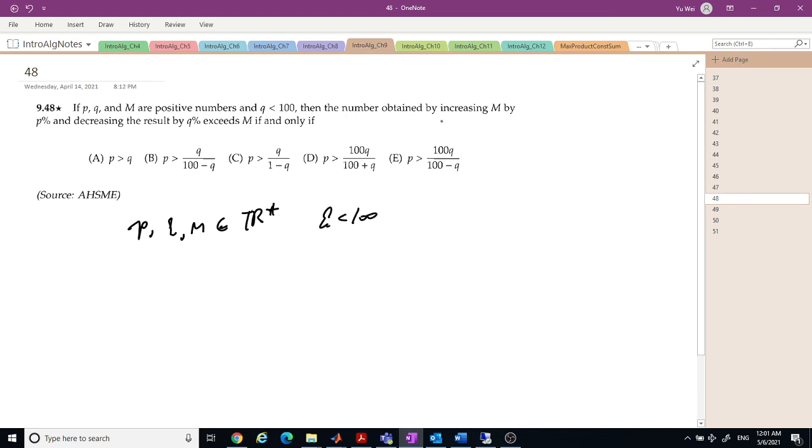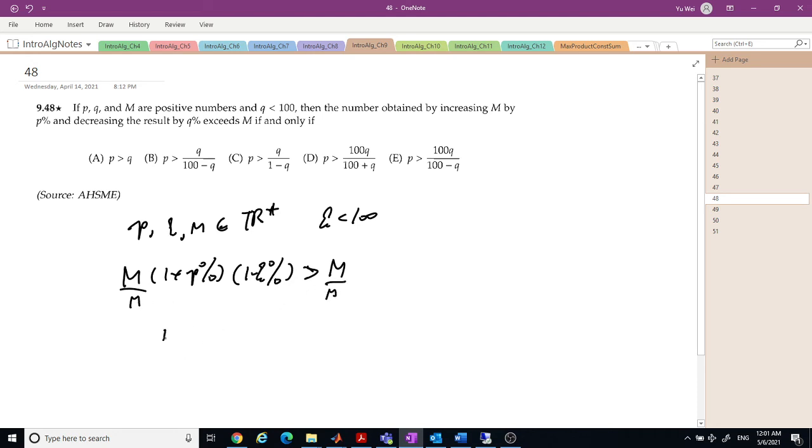The number obtained by increasing M by P% and then decreasing it by Q% exceeds M. So if we increase M by P% and decrease the new number by Q%, we still need it to be greater than M. We know M is a positive number, so when we divide by it, we don't need to change the sign.